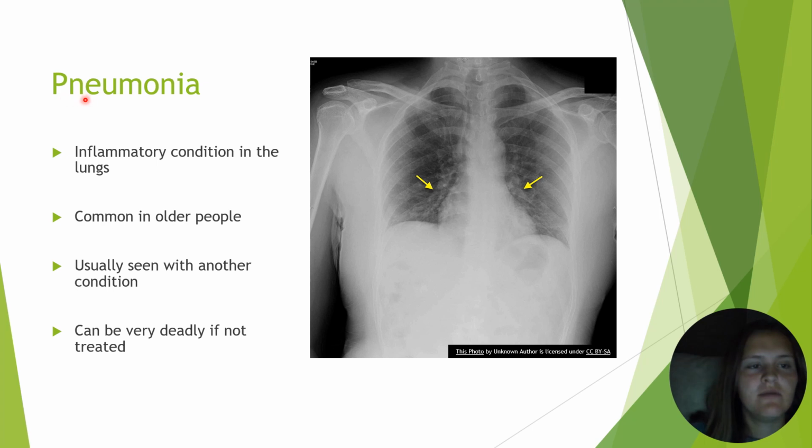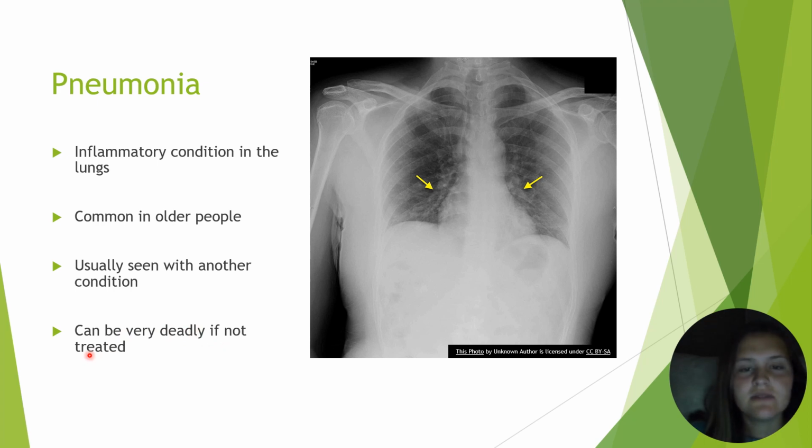So next, we have pneumonia. This is an inflammatory condition in the lungs. You usually see it with older people, and it is usually common with someone who's immunocompromised. So if they have one disease or condition, they usually get pneumonia. This can be very deadly if not treated.